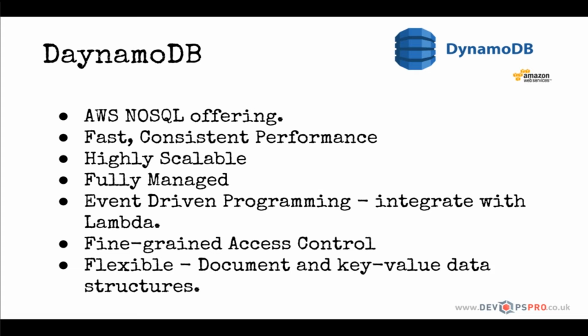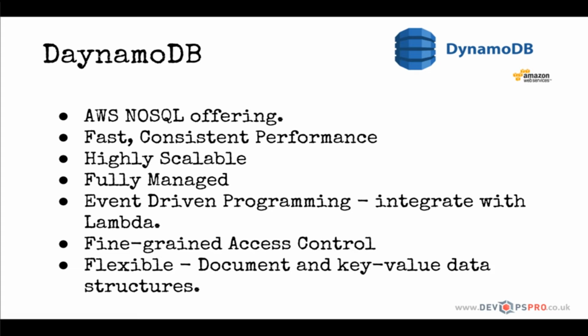And as with other AWS services, it allows us to have fine-grained access control. So if we want to make sure that our tables are secured and only the persons or the applications or the servers or anything you can think about in AWS, only the specific things we want to have access to that table, to that database, will be able to access it.